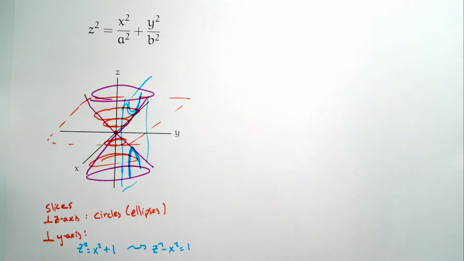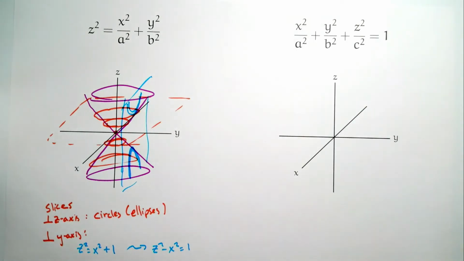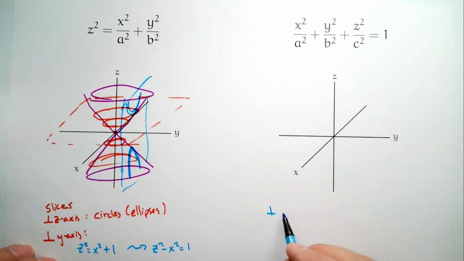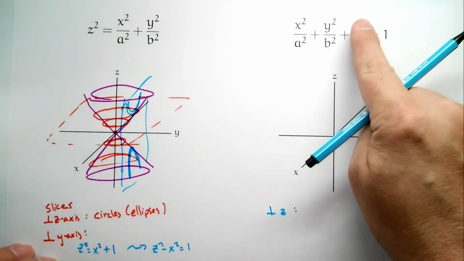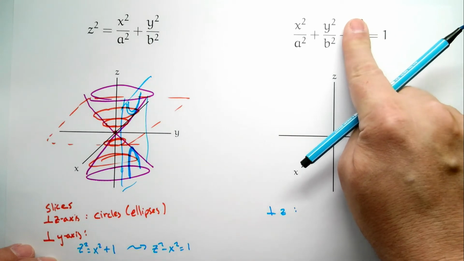All right. How about this one? x squared over a squared plus y squared over b squared equals 1. What's our shape? Well, let's think of our slices. So suppose I look perpendicular to z. What do I see? So say that I set z equals 0. What's the shape?